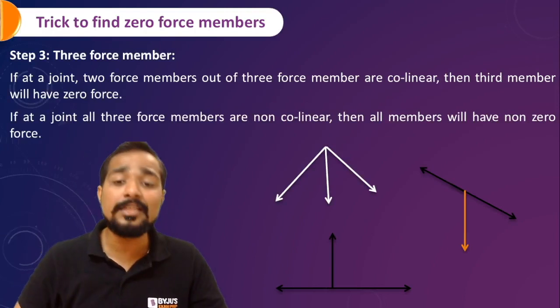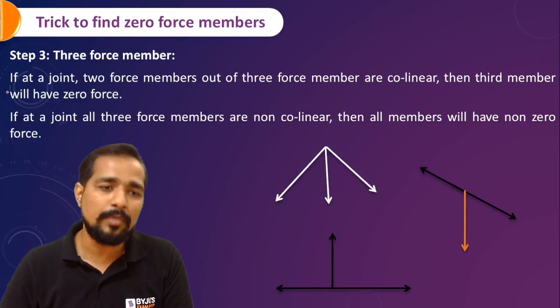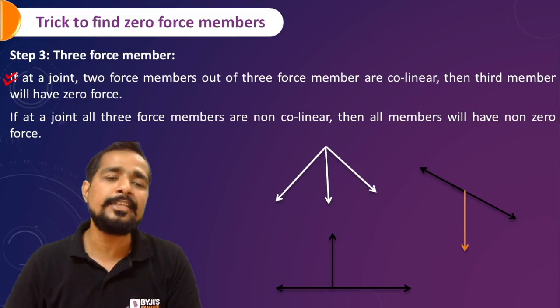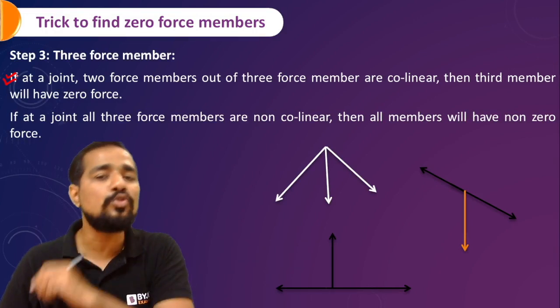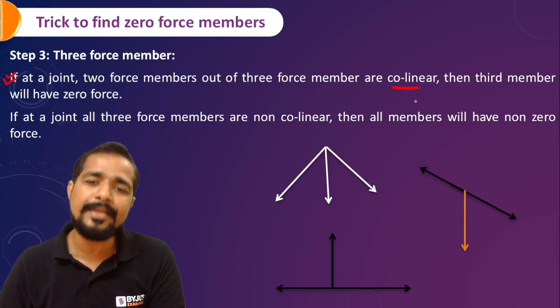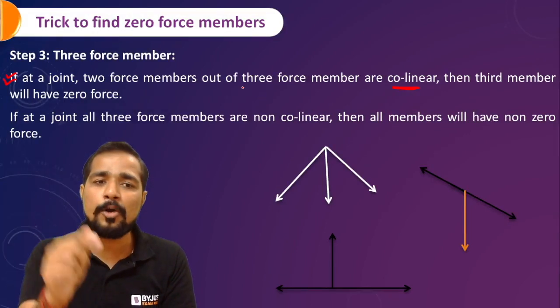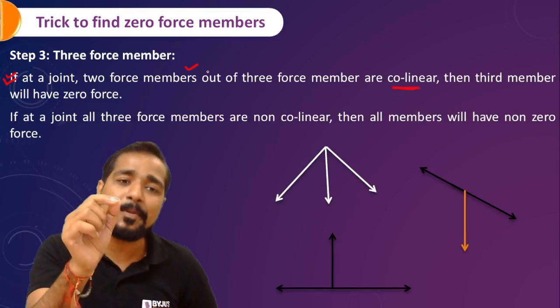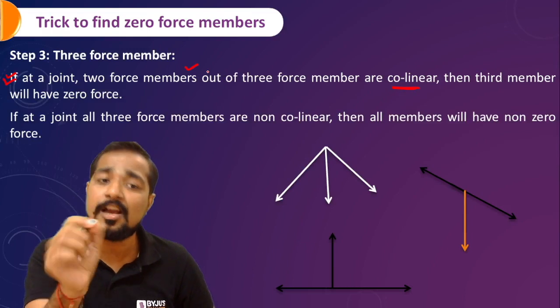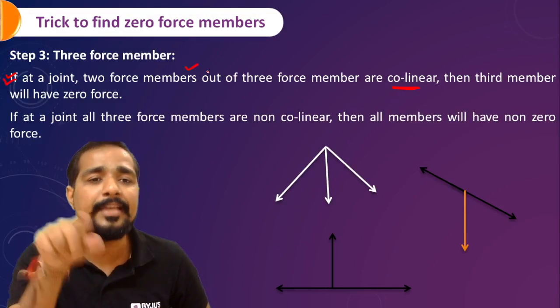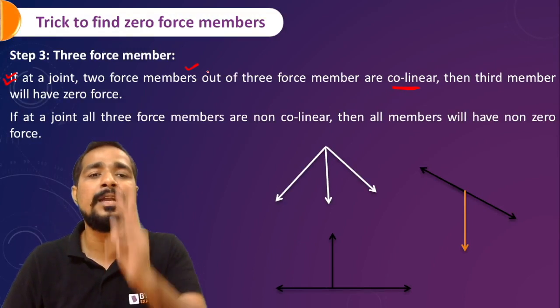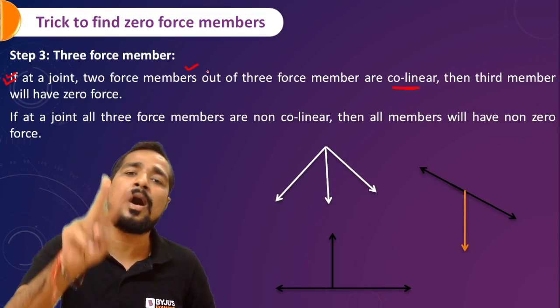If 2 force members out of 3 are collinear, then the third force member will have 0 value. So you will search, after two force member joints, for any joint which has three force members, and out of the three, two are collinear.